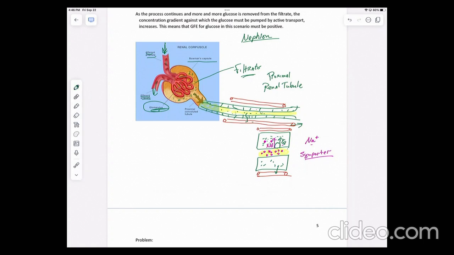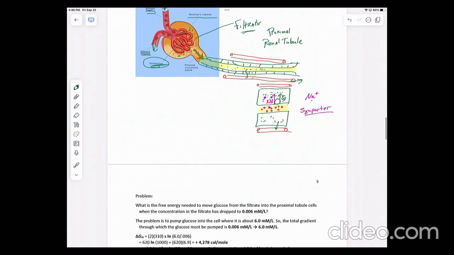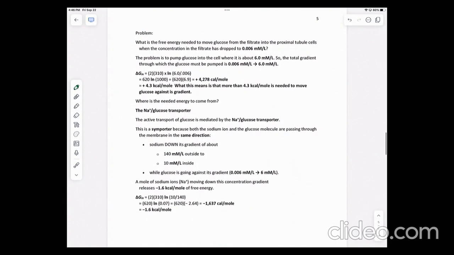So let's go ahead and hang some numbers on this and see how all this works in terms of the energy involved. Okay, so what's the free energy needed to move the glucose from the filtrate into the proximal tubule? And let's just say, because we're going to need numbers anyway, that the concentration of glucose in the filtrate has dropped to 0.006 millimoles per liter.